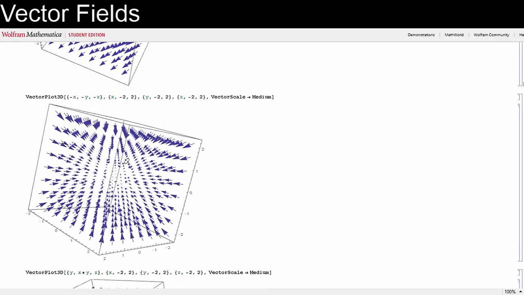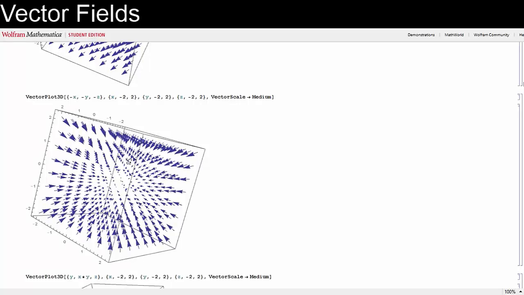The difference here is for a gravitational vector field, the closer two things are, the larger the vectors get, right? Because if two things are very, very far apart, then their gravity doesn't influence each other very much. But if they're close, it has huge influence, right? So this is kind of the inverse of that.